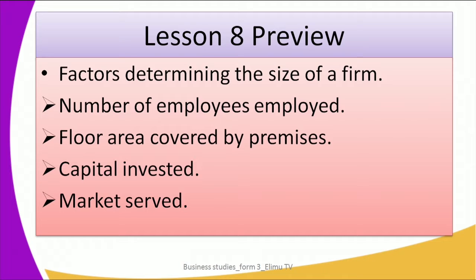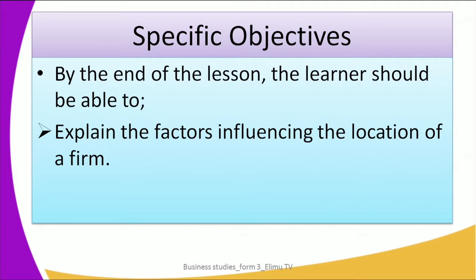So let's now look at the specific objectives of this lesson. By the end of this lesson, the learner should be able to explain the factors influencing the location of a farm. So what are those factors that are likely to influence the location of a farm?